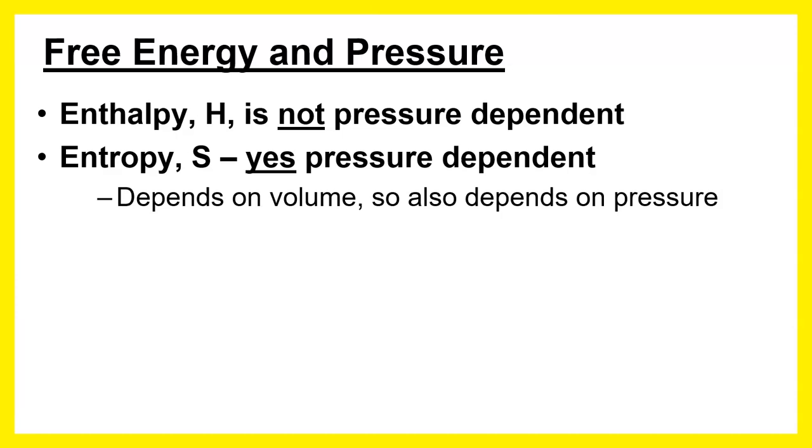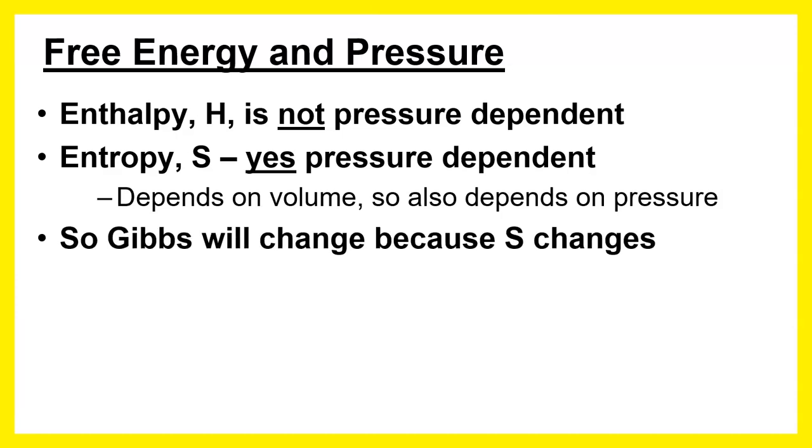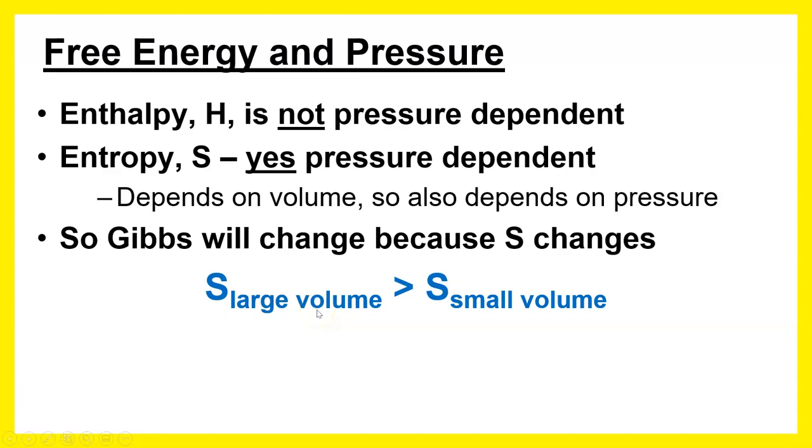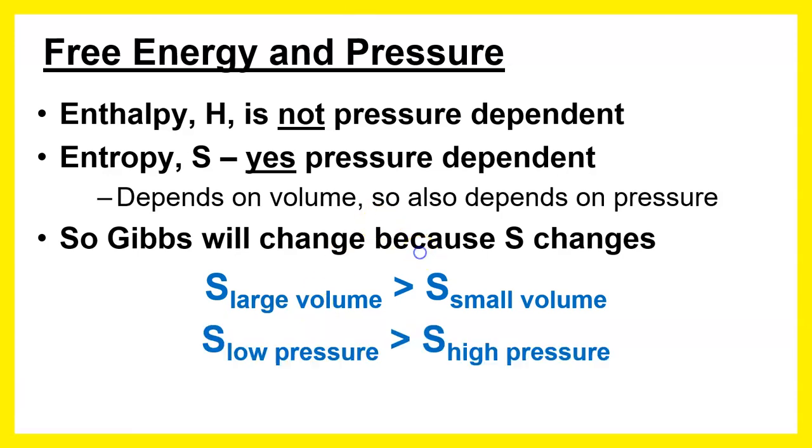But sometimes on conceptual problems, they may ask you how it plays a factor or how it plays a part. So if your entropy is bigger in a larger container, that will affect Gibbs. If your entropy is higher at a lower pressure, that will affect your Gibbs. So enthalpy, not affected. Entropy is affected, therefore Gibbs is affected.